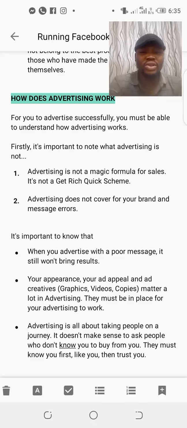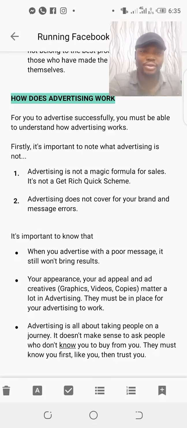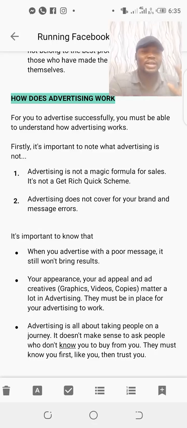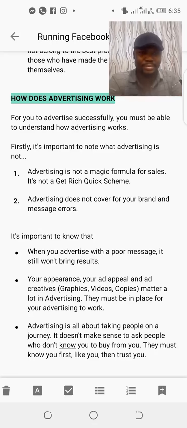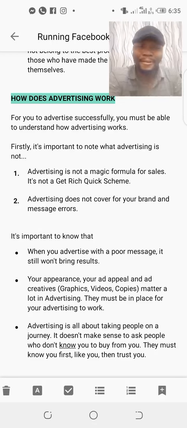Advertising does not cover for your brand and message errors. Your brand has flaws, your message has flaws. The fact that you advertise does not mean that people will not see the errors. In fact, when you advertise a poor brand, you only die faster.